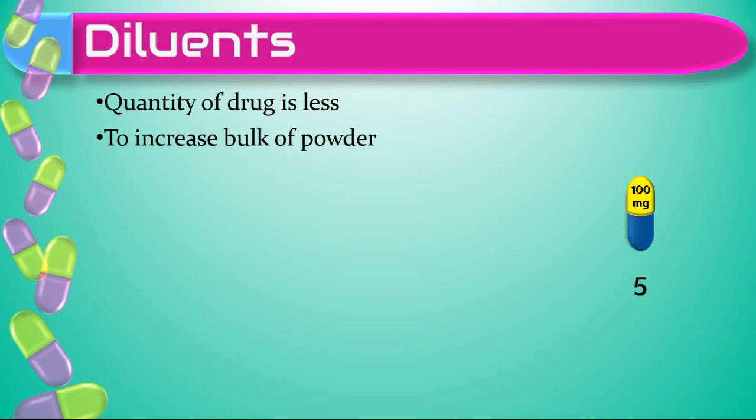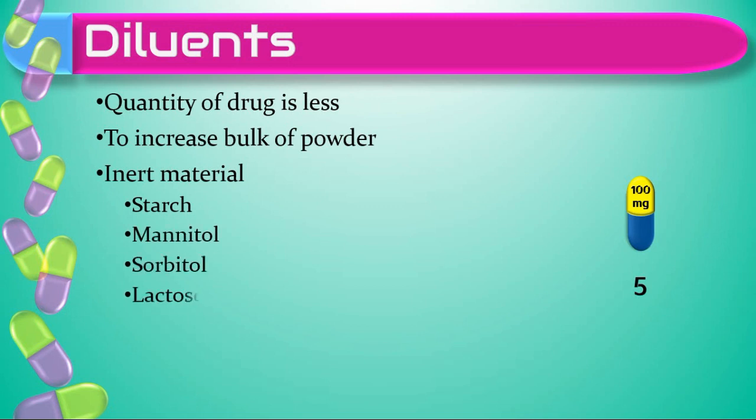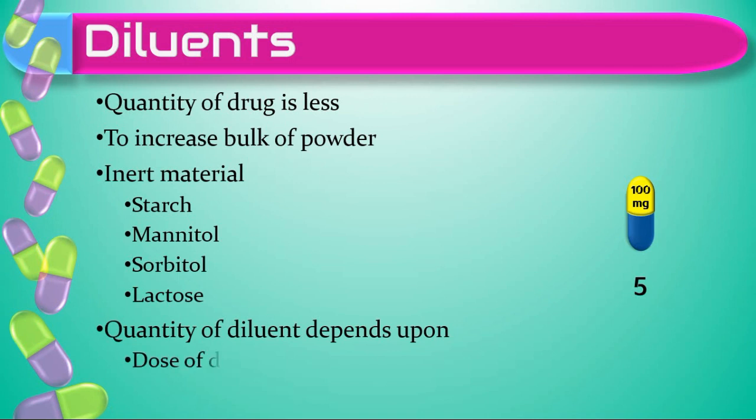Thus diluents make the bulk of powder fill the capsule to its fullest capacity. Inert materials like starch, mannitol, sorbitol, lactose are commonly used as diluents. The quantity of diluent to be added depends upon the dose of medicament to be added in the capsule and the size of the capsule.